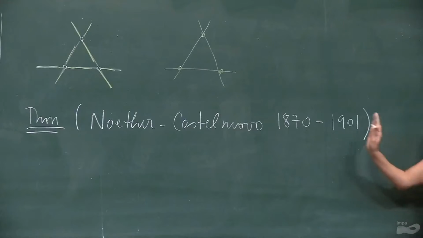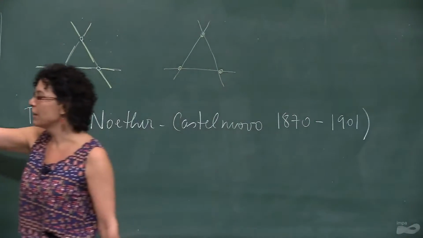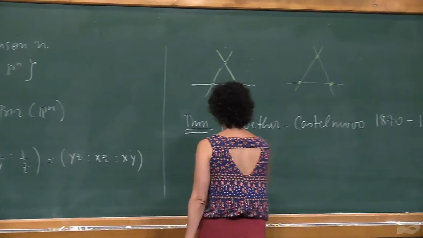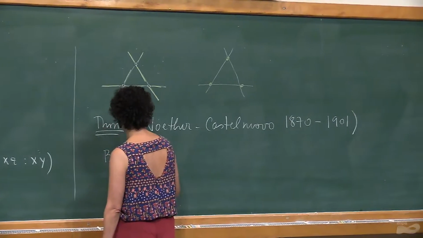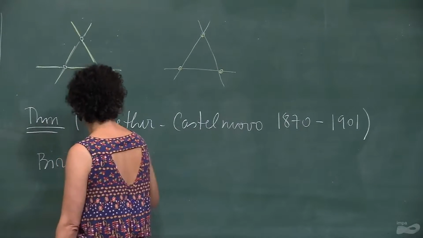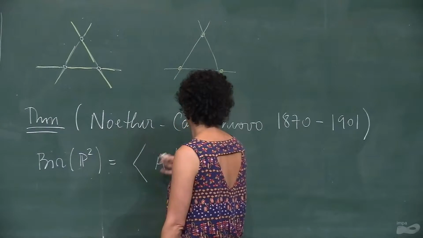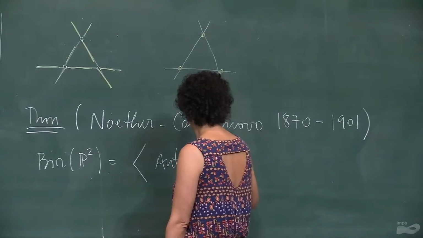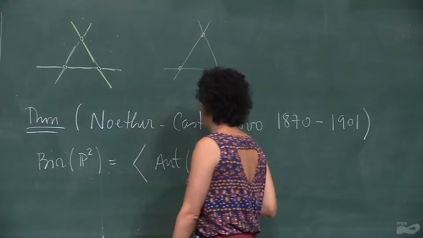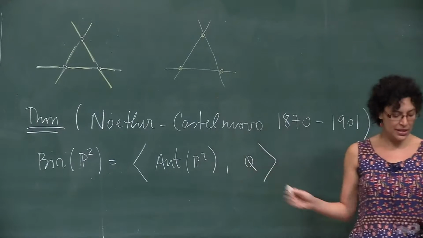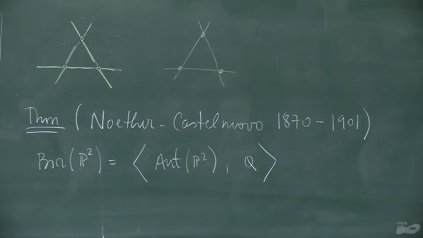What they prove is that these elements are enough to generate the whole Cremona group in dimension 2. The Cremona group of P2 is generated by the automorphisms, which is just PGL3, and this standard quadratic transformation.